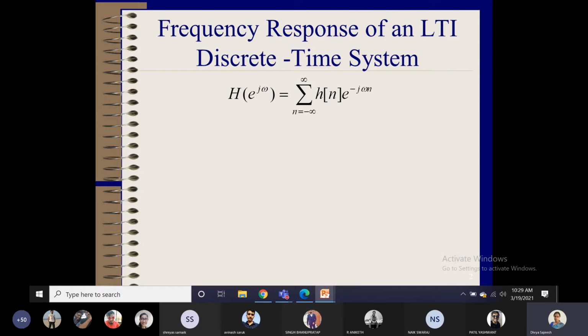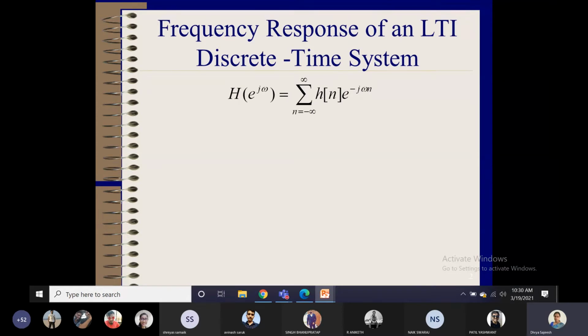Now there are two ways to convert the signal into the frequency domain. One way: if I have already converted the signal into the Z plane by using the transfer function, then by putting directly z equal to e raised to j omega, I can convert the signal into the frequency domain.